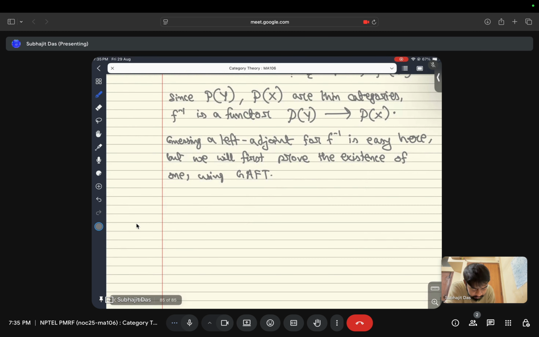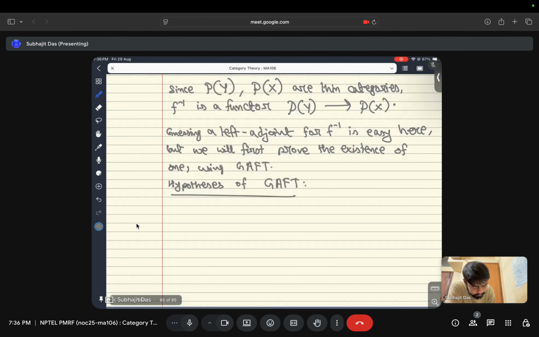So let's verify the hypotheses of GFT. So what are they exactly?